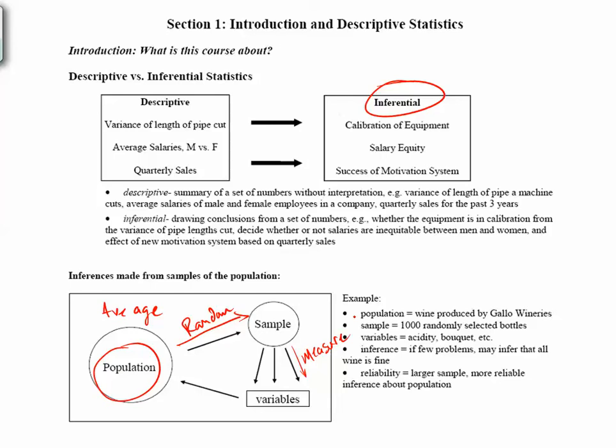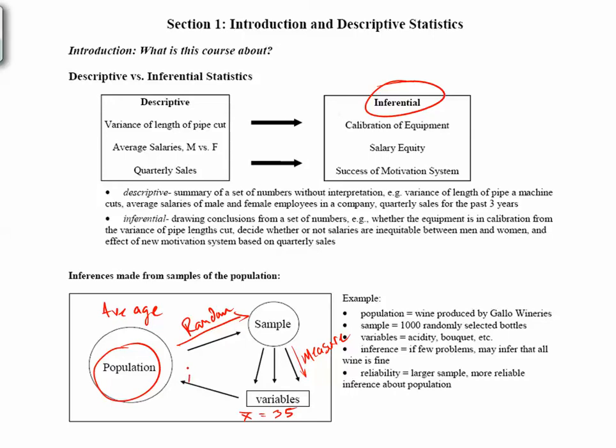So in this case, we would want to measure the average age of the sample. So let's say that the average age of the sample is 35. We denote the average of a sample by an X bar. So the sample average is 35. But we know that the sample is not going to be the same as the population, but we'd assume that it's something close.